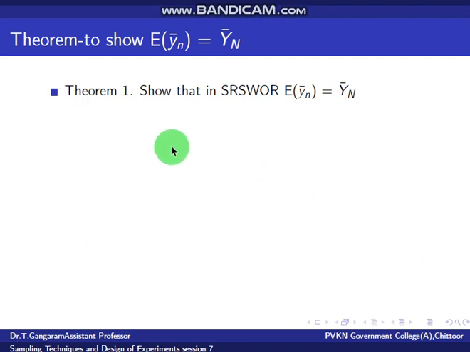Next, this is the proof of the simple theorem: expectation of y bar n is equal to capital Y bar, or sample mean is an unbiased estimate of population mean.